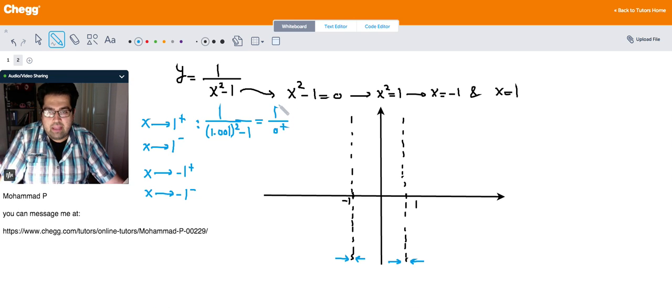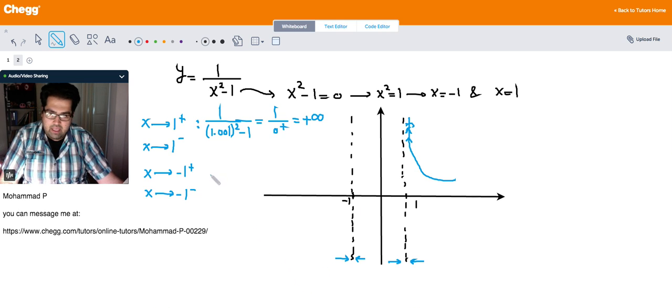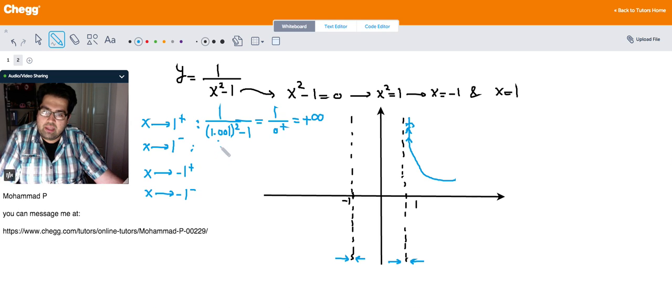And 1 divided by a very small positive number is going to be positive infinity. So as I approach x equals 1 from the right side, the function is approaching positive infinity, like this.